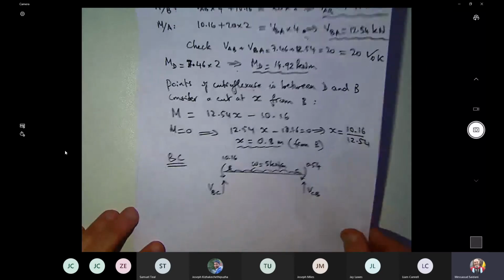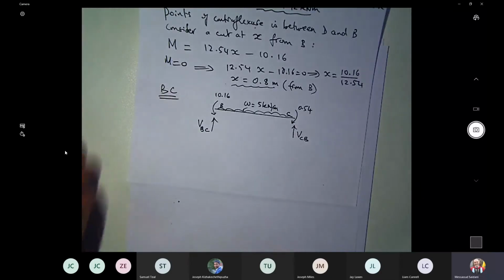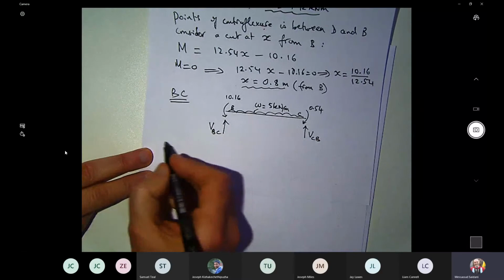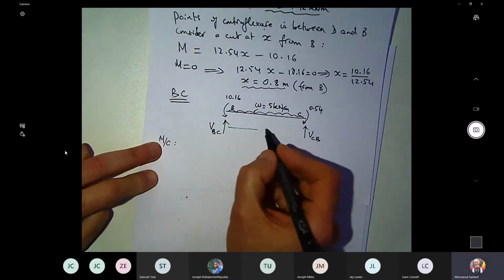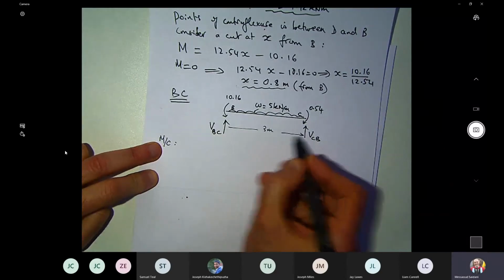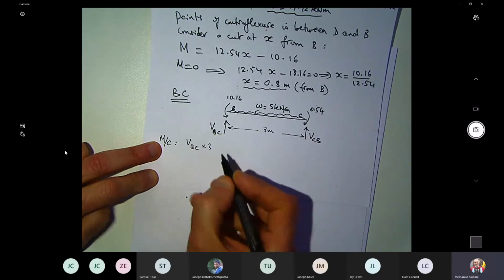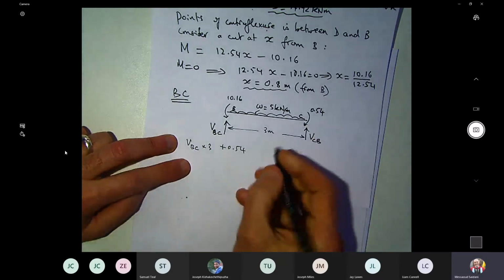Okay, so let's do the reactions. Take moments about B, or shall we do C first? Okay, moments about C. We have the span. What was the span? Was it 3? 3 meters. So we have VBC times 3 clockwise plus 0.54, that's clockwise.